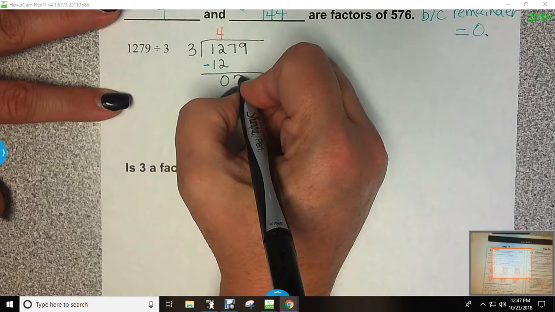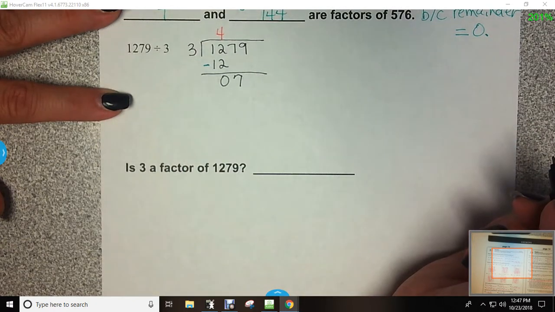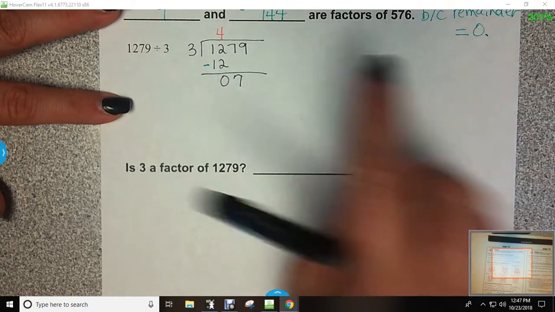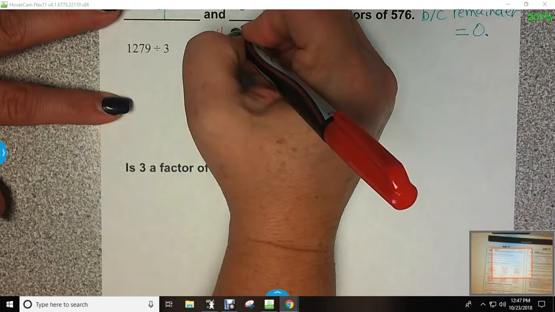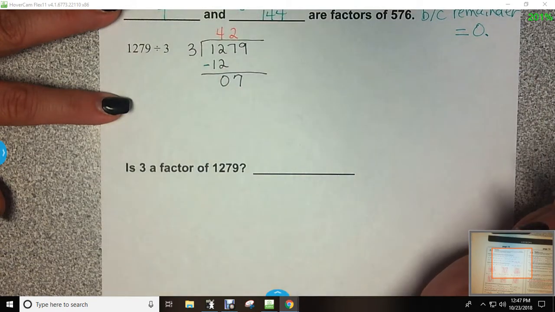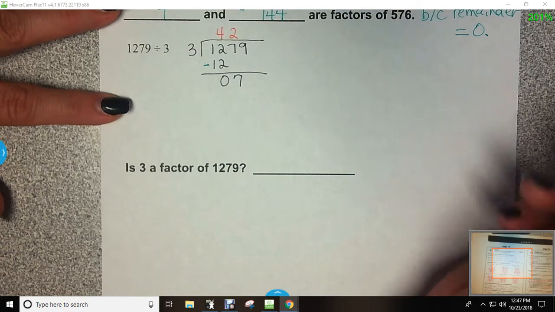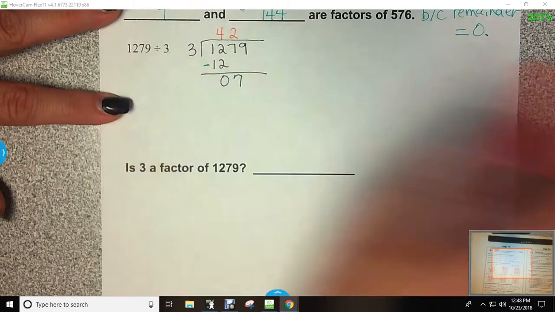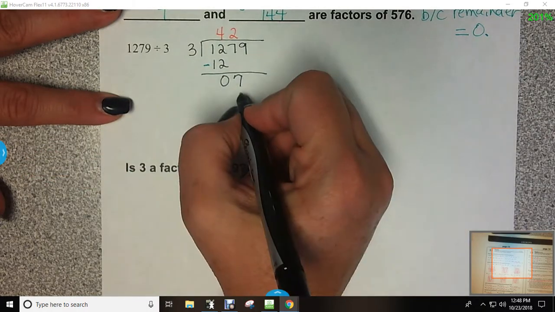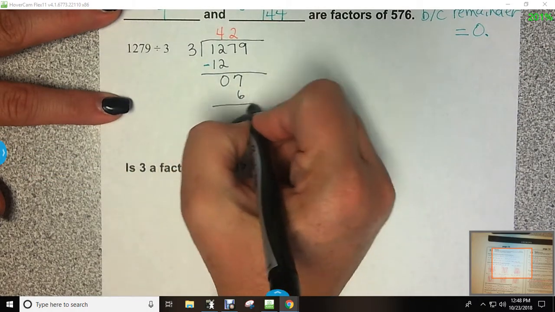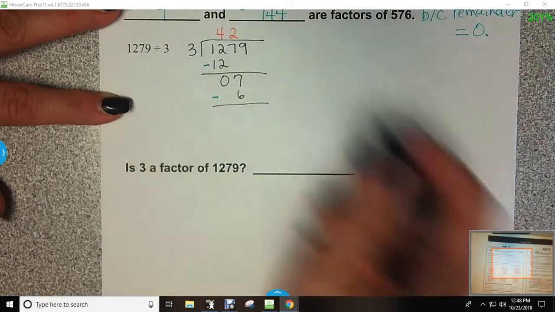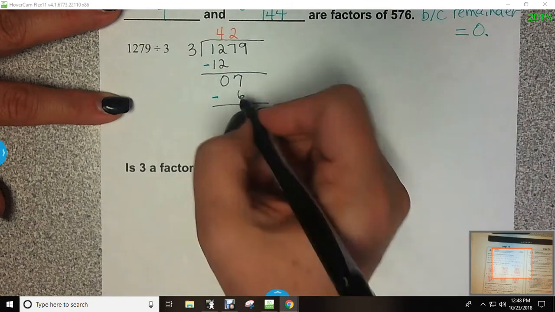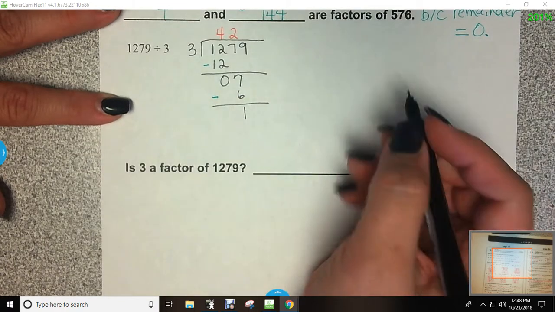Bring down the 7. And now I'm going to divide again. 7 divided by 3 is 2. After we divide, we're going to multiply the new number on top times the number in front. Will give me 6. Change the sign so we can subtract. I get 1.